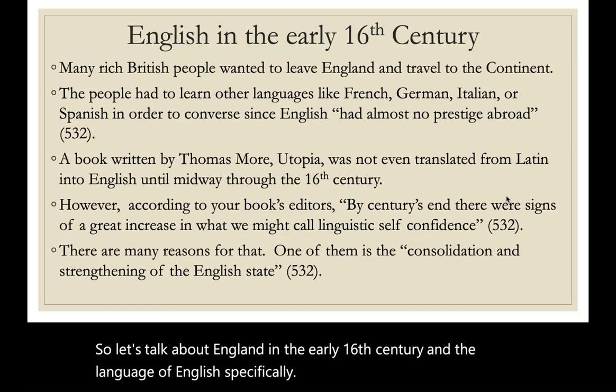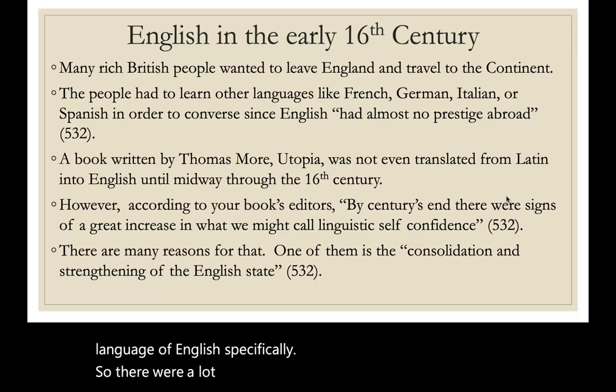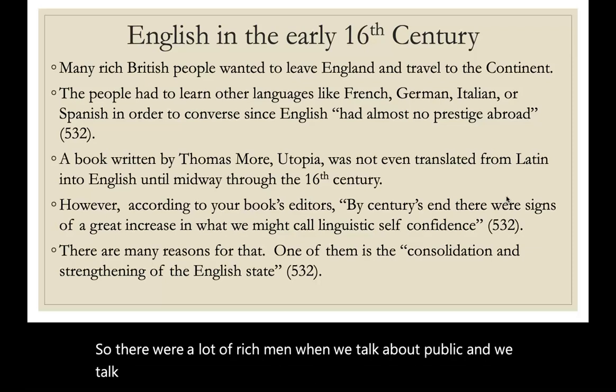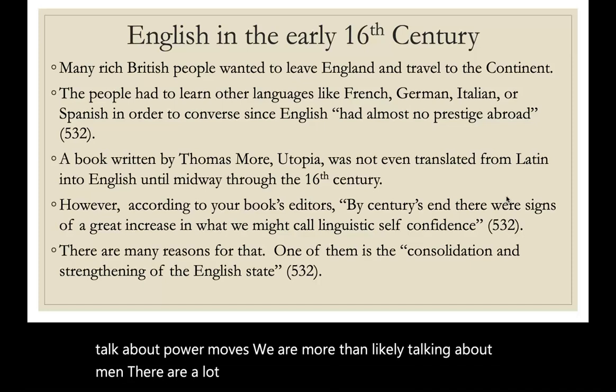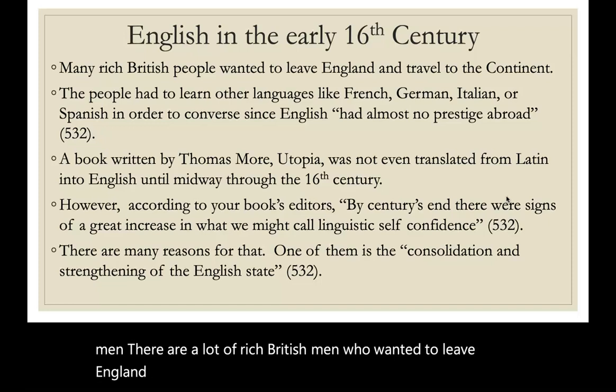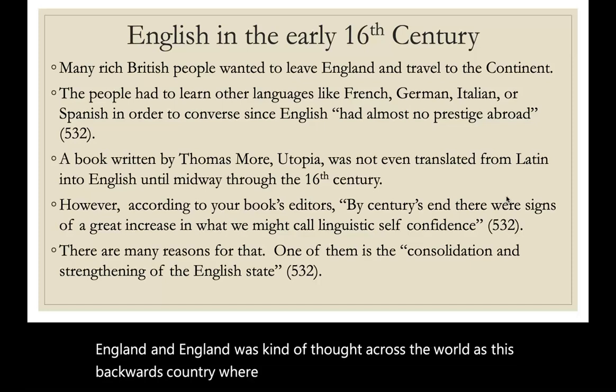So there were a lot of rich men. When we talk about public and we talk about power moves, we are more than likely talking about men. There are a lot of rich British men who wanted to leave England. England was thought across the world as this backwards country where they weren't keeping up with modern times.